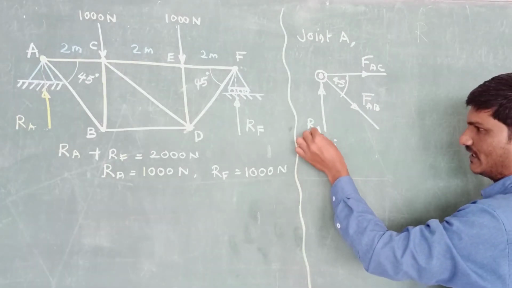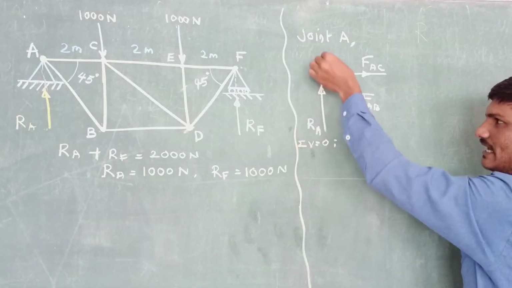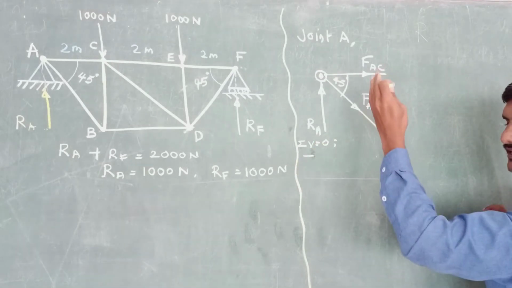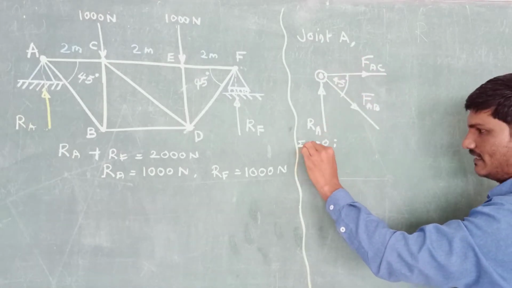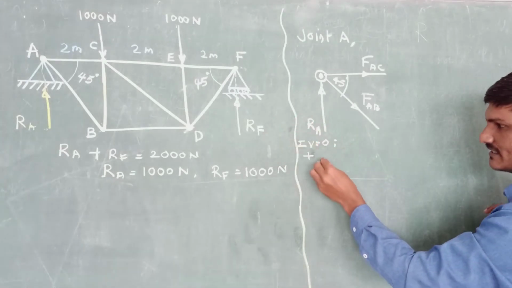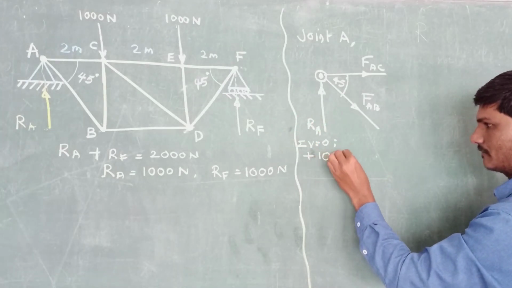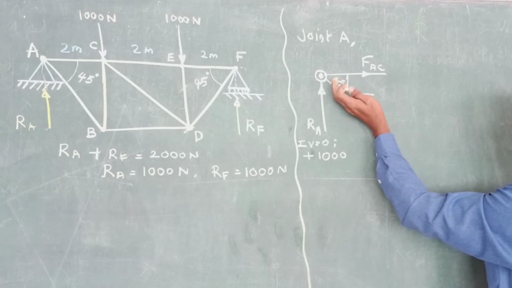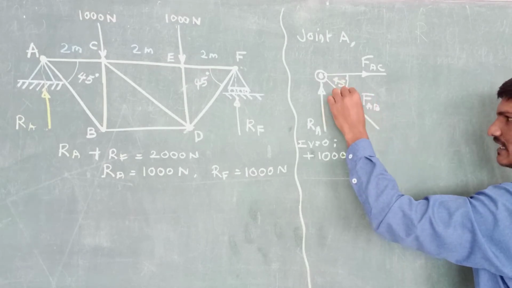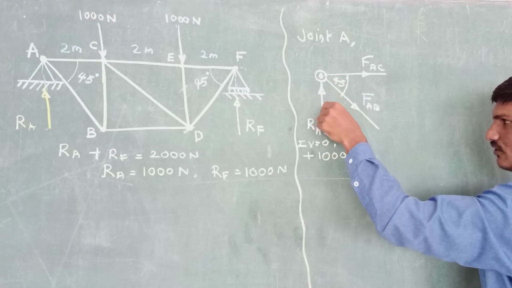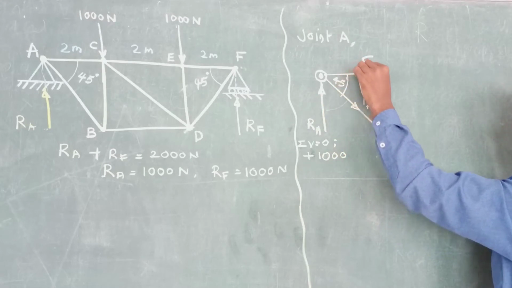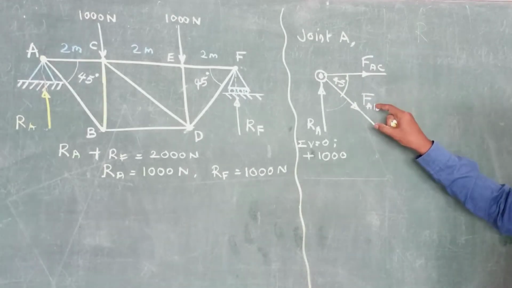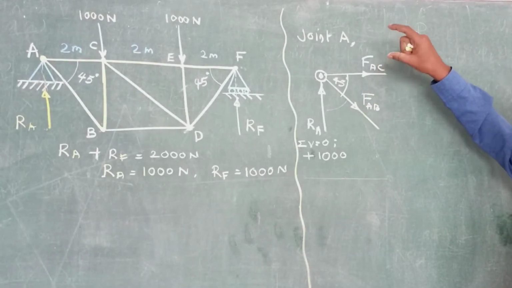The vertical force RA is upward, so it is plus, and its value is 1000 Newton. Another force, FAB, when resolved vertically, is in the downward direction. Initially we have taken all forces as tensile; now let us check whether they are tensile or compression.